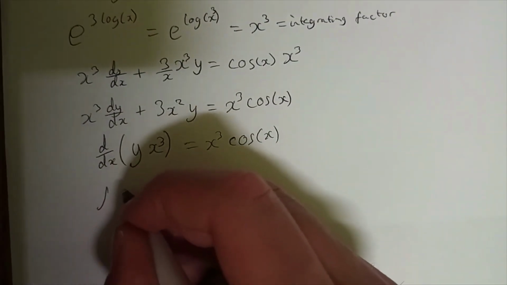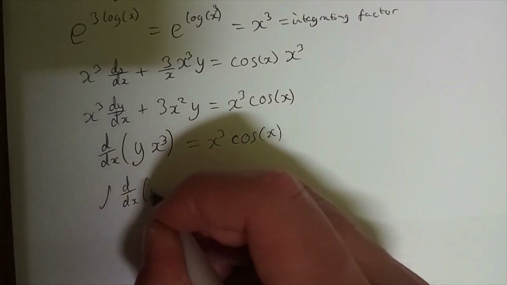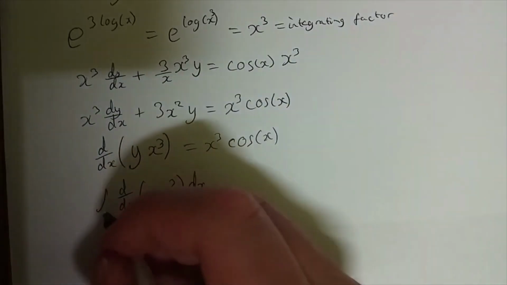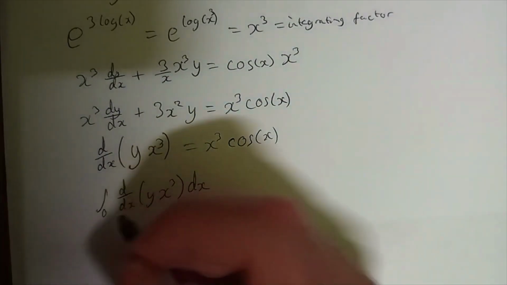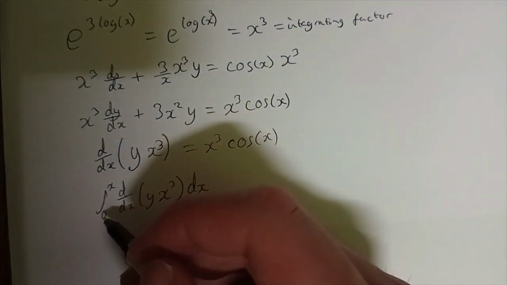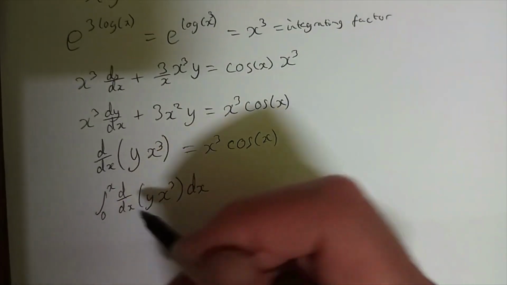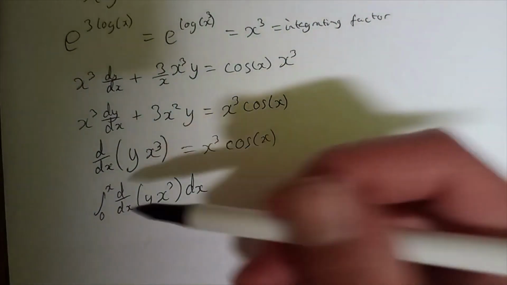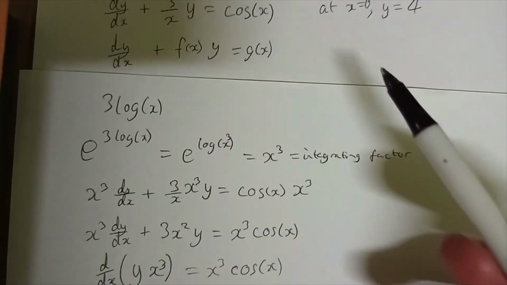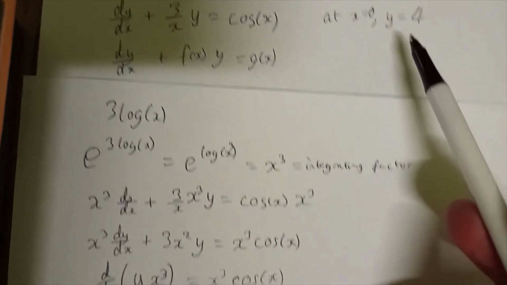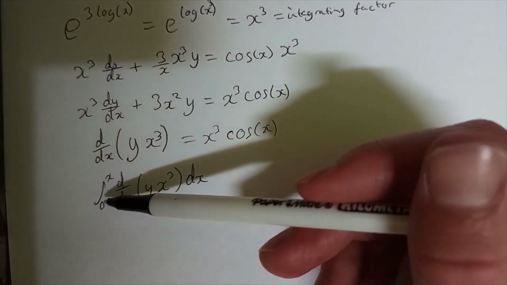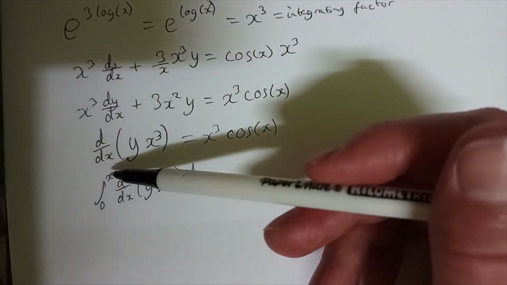So I'll integrate the derivative with respect to x of y times x cubed, from 0 to x. We know what y is at x equals 0. We've been given that at x equals 0, y equals 4. That's why I chose to integrate from 0 to arbitrary x.